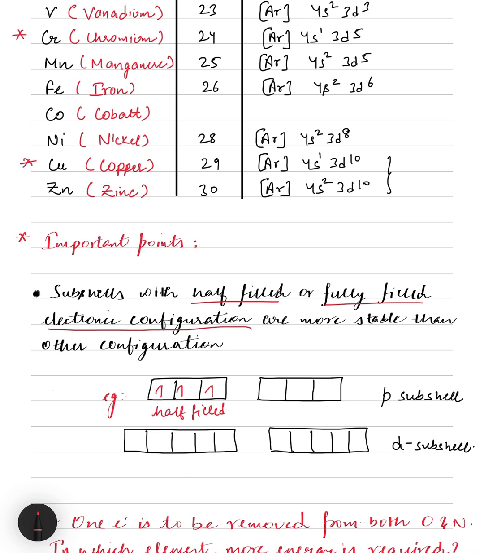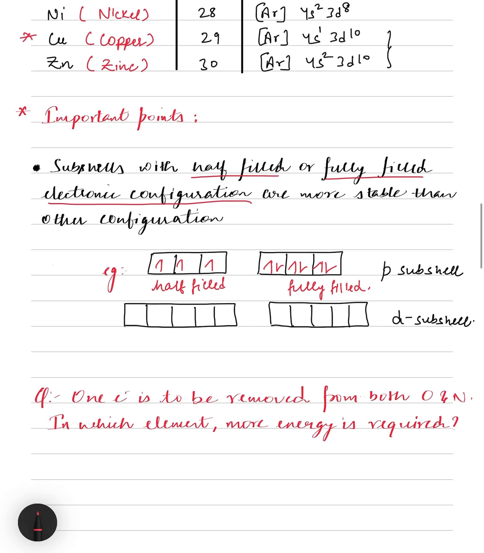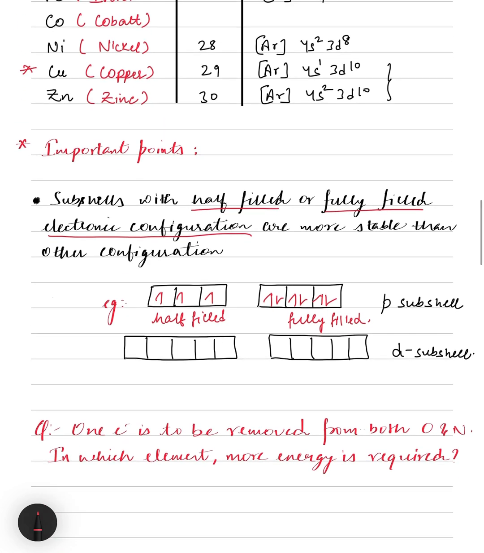And if we talk about fully filled, we know it: three electrons of one spin and three electrons of the other, different spin. So this is fully filled. These two configurations are highly stable in nature. Now, why are these configurations highly stable? It is because of one important concept, exchange energy.